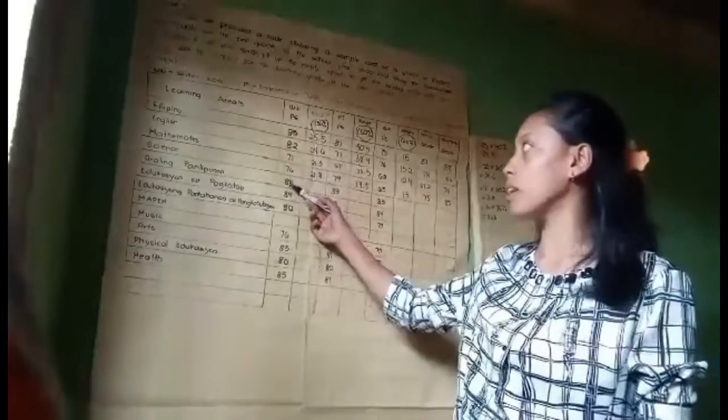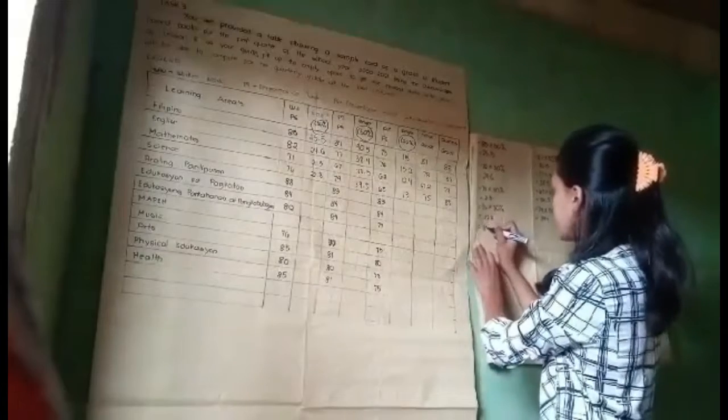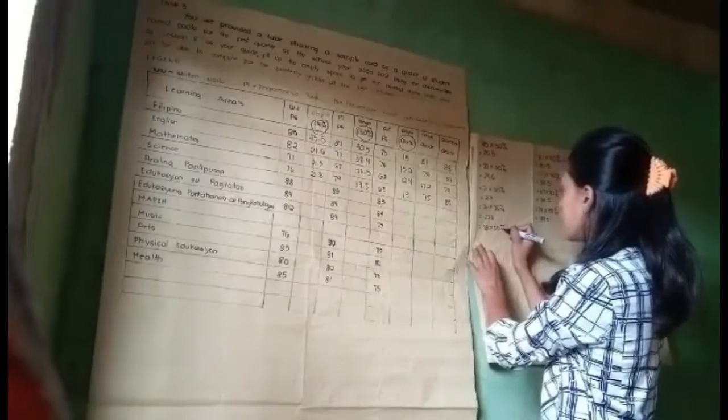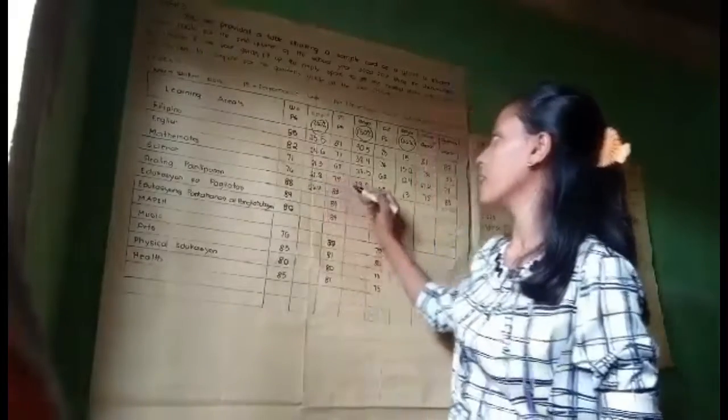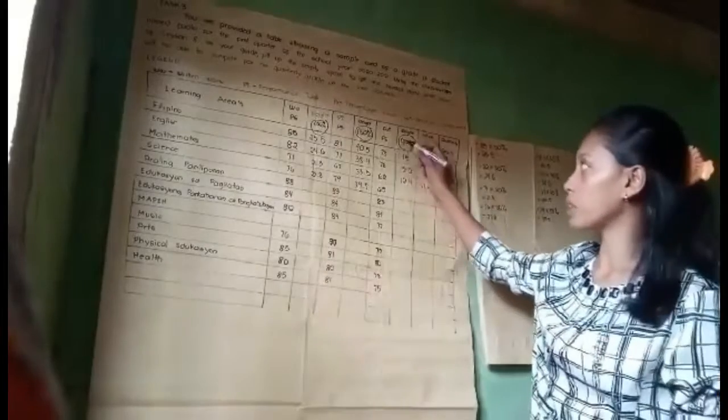Next is Araling Panlipunan, 88 times 30%, which is 26.4. Then 83 times 50% is equal to 13.